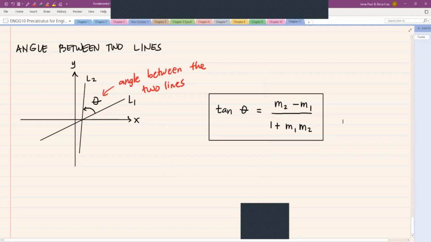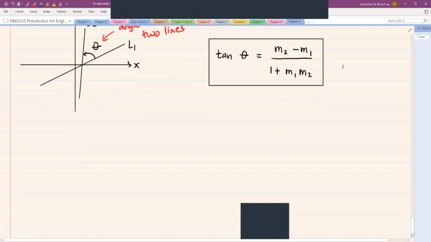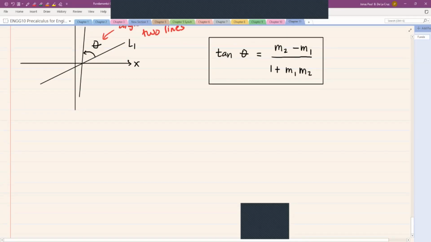Okay, so that's the angle between the two lines formula. Let us take a look at an example.